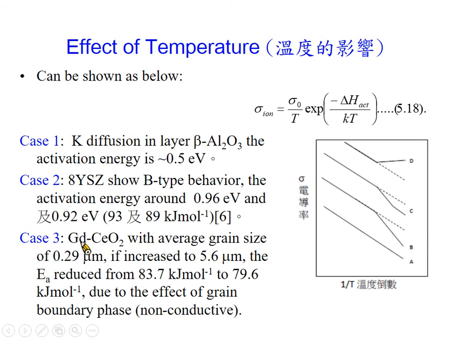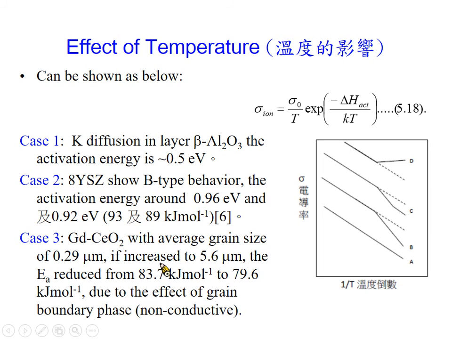Case 3 is not the samarium doped ceria, but gadolinium doped ceria. Gadolinium also shows the 3+ valence, with an average grain size of 0.29. If we increase the grain size from very small to 5.6, then the activation energy is reduced from 83 to 79 due to the change of the control mechanism.